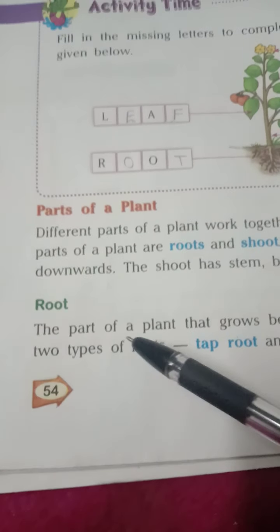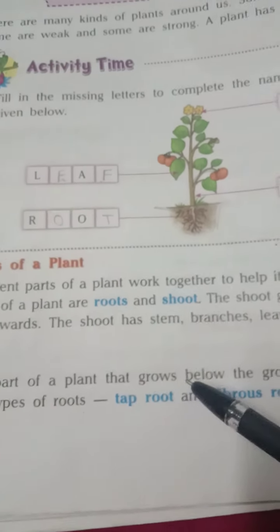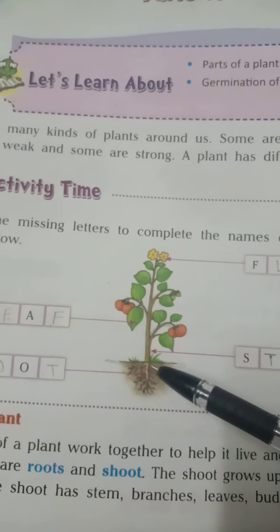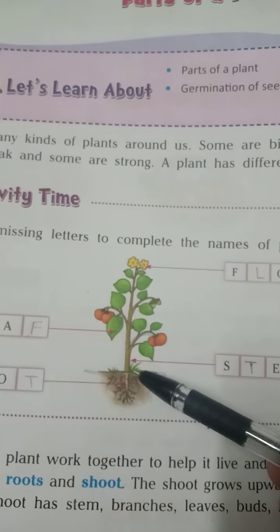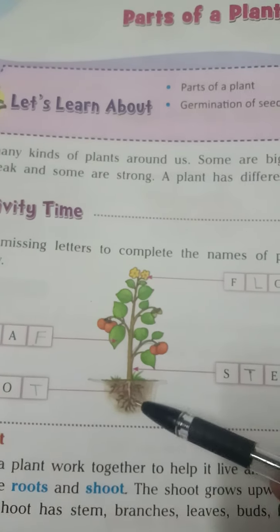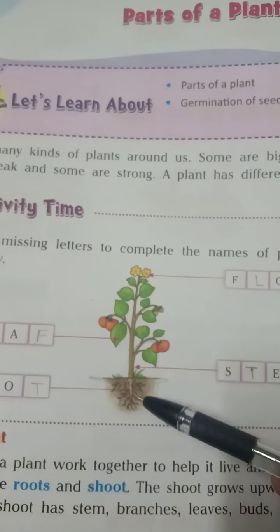The part of a plant that grows below the ground is called root. Student, you can see here the part which is under the ground. Under the ground, that is root.